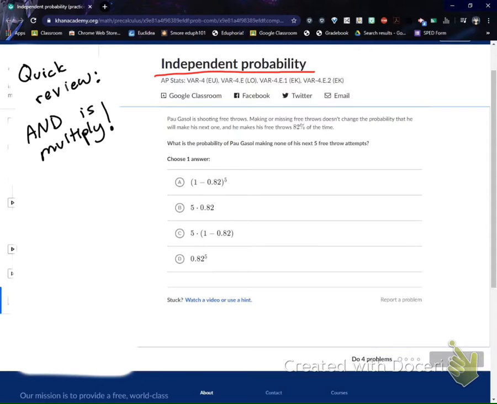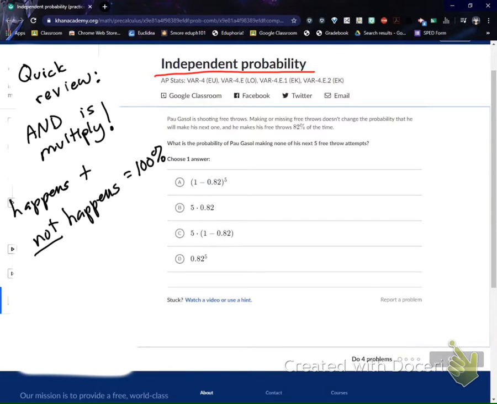And there's one last note that we need to make, which is this not thing. So the probability of something happening and the probability of something not happening, so happens and not happens, is always going to be 100%.